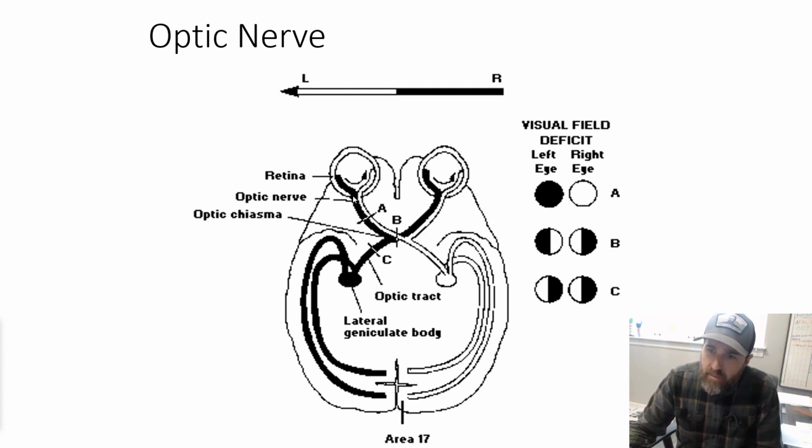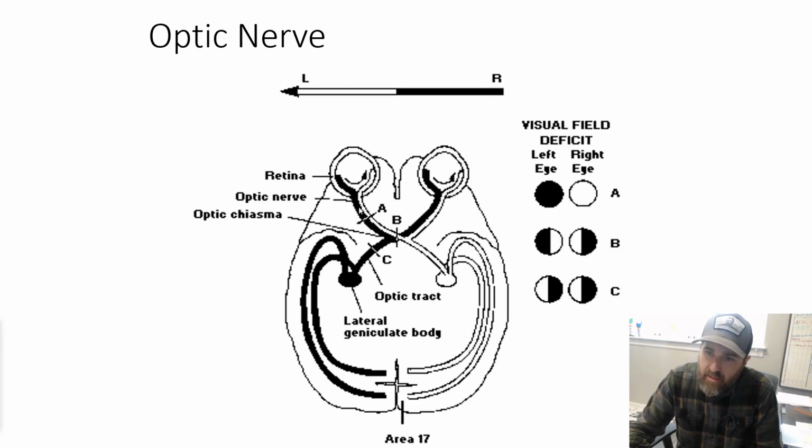And going with that, as you leave the retina and look at the optic nerve, you have a section of optic nerve that services the lateral portions of the retina, and a section of optic nerve that services the medial portions of the retinas.